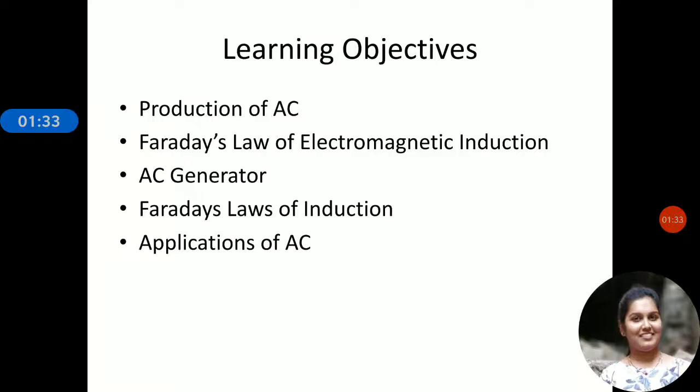Next we'll see what Faraday's laws of electromagnetic induction are all about, and we'll see a small simulation video regarding how an AC generator works to produce electromagnetic induction. And the last one is the application of AC.